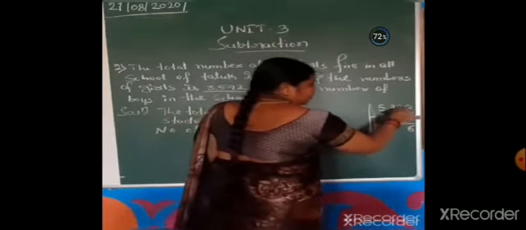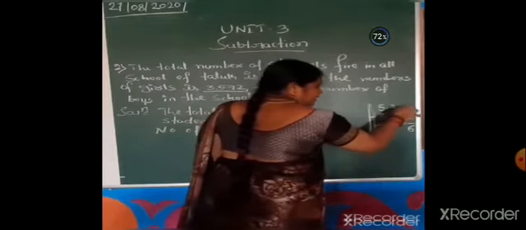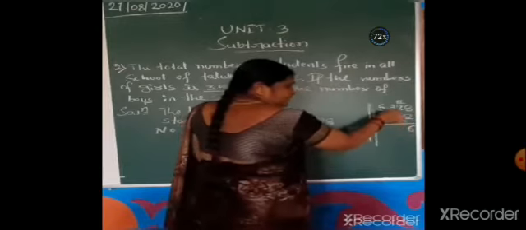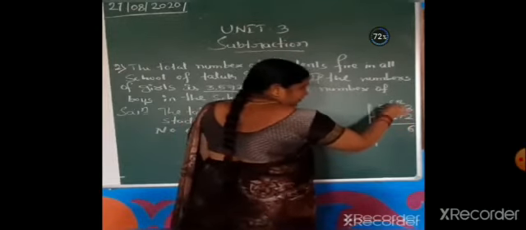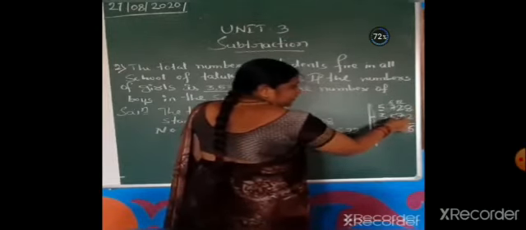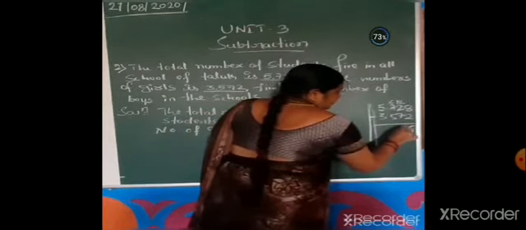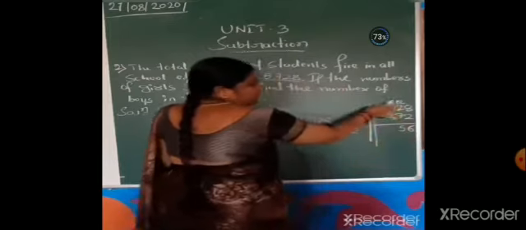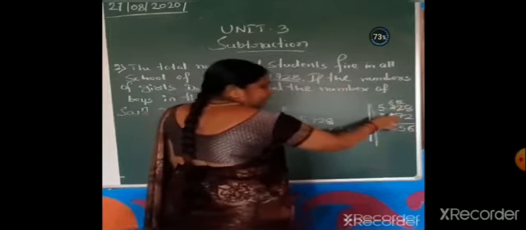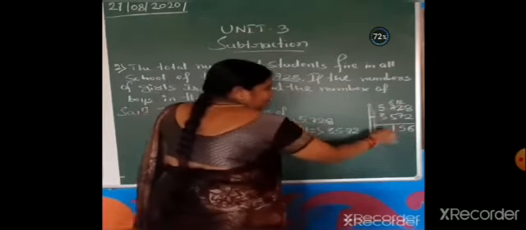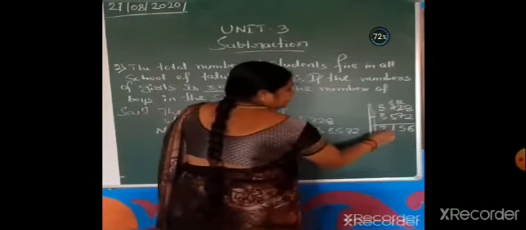No. You take a borrowing from the higher place. The higher place has 7. From that we take 100 and convert it into tens. 100 is equal to 10 tens, so 12. 12 minus 7, 5. Here we take one borrowing, so 600 is left. Now subtract 6 minus 5, 1. 5 minus 3, 2.